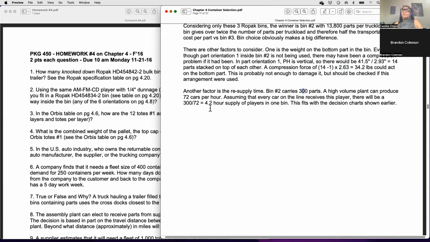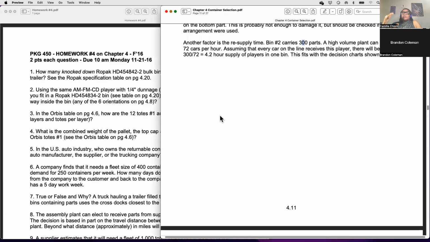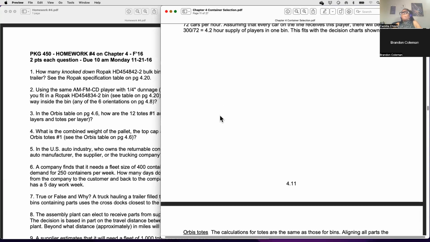So that gives you about a 4-hour supply. So that goes back to when we talk about replenishing, and you want to keep a couple hours, or more than 4 hours. So this kind of goes along with that. So you're good there. This just gives you an idea of all the things that you're checking. It seems like it's endless, but after a while, you just naturally start looking at it and everything falls into place.